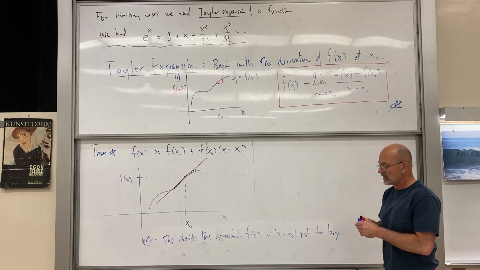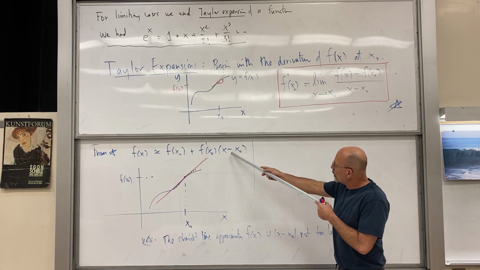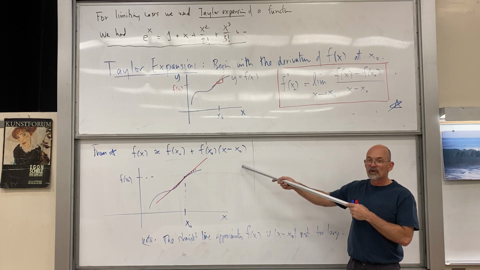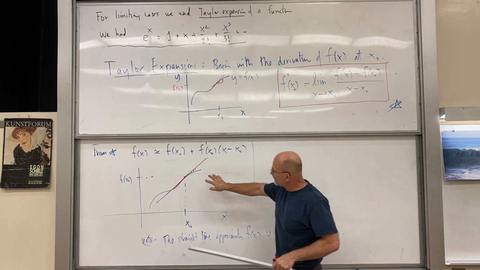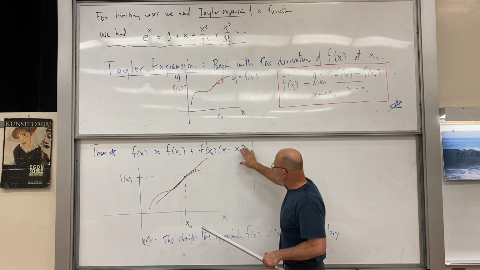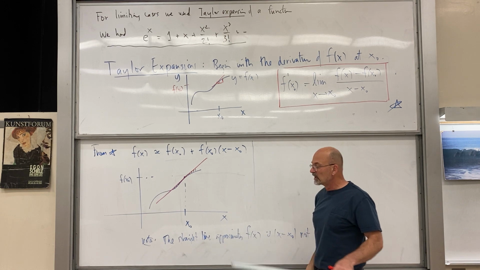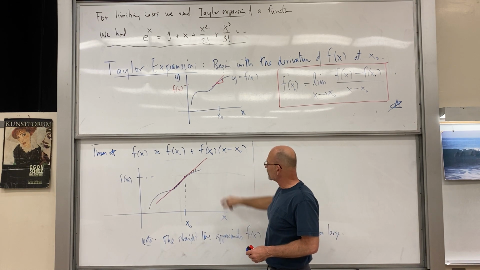And so what we're going to do next is ask about quadratic and higher order approximations. You can see what I've shaded in here looks kind of parabolic. So there could be a quadratic, there could be cubic, there could be higher order terms in here to get a better approximation.